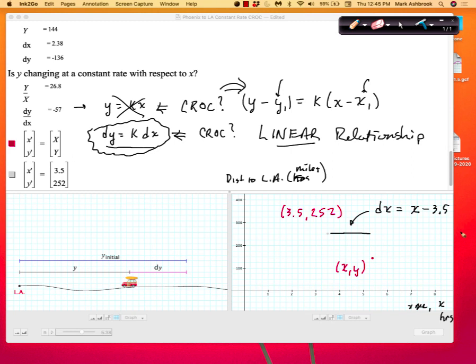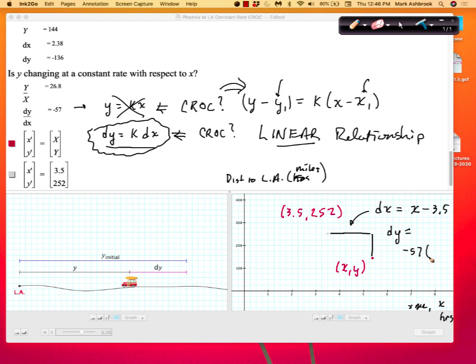And when you have a variation in x, what else do you have? Variation in y. How am I going to show that? A vertical segment. And I want to write what dy is. Rather than y final minus y initial, I want to use constant rate of change now. I want to force this to be constant rate of change. So dy equals m dx. What's our m? Negative 57.